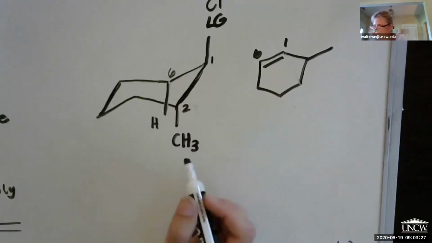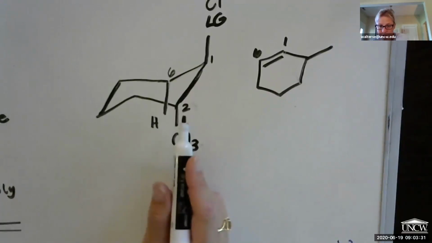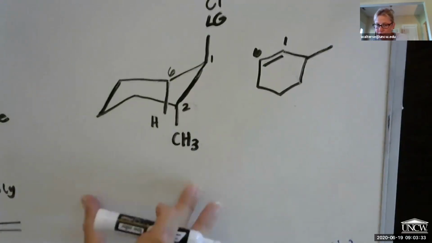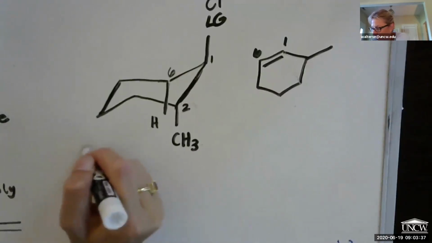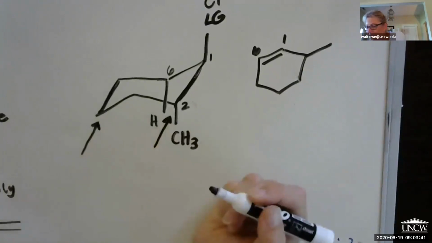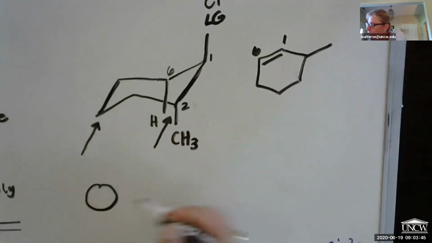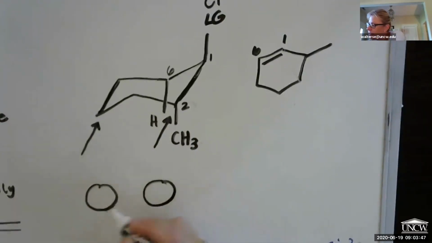Typically, Newman projections of rings are hard because you have to have 2 Newman projections. And you have to have one coming up this direction and one coming up this direction. So they end up looking like this.